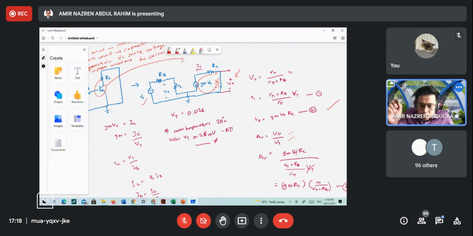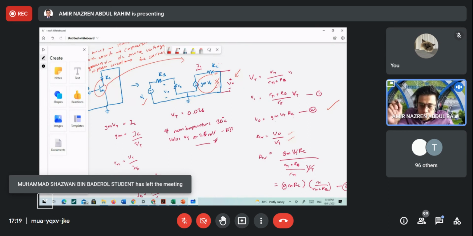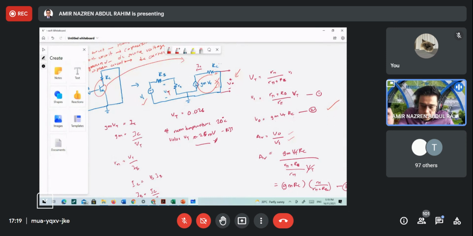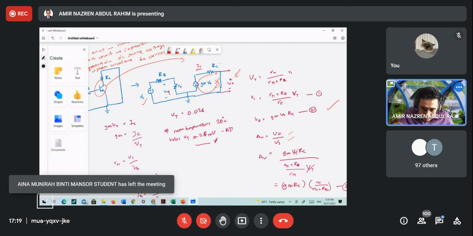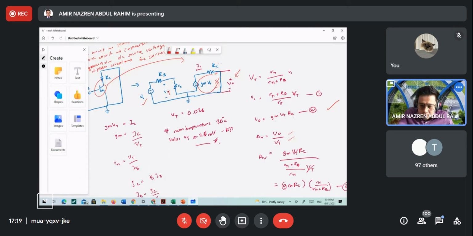As we know, to find the VT, or VBE, we need to do a voltage divider. The voltage drop across R pi is the VT. Because we have RB, we need to do the voltage divider.